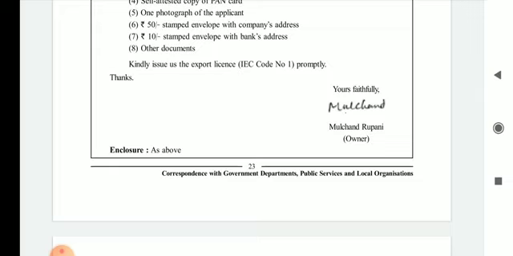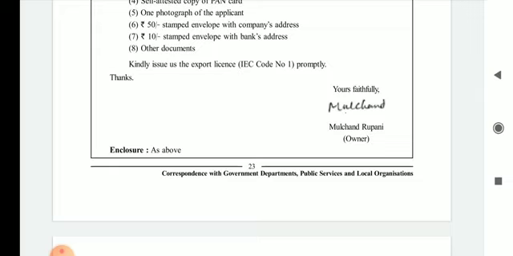Kindly issue us the export license promptly, means they want to get the important export license as soon as possible. Here you mention the IEC code, that is of the import export certificate, code number 1.